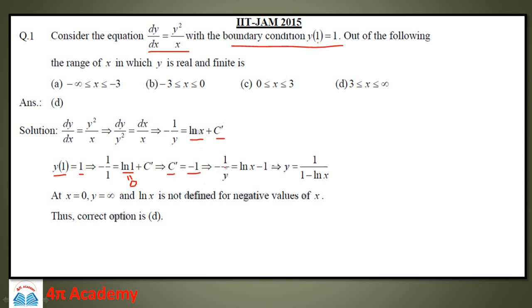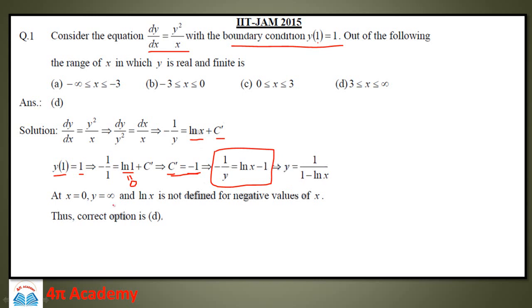So now we can write the solution as minus 1 upon y is equal to log of x minus 1, because we have calculated the value of c dash as minus 1. This implies that y is equal to 1 upon 1 minus log of x.